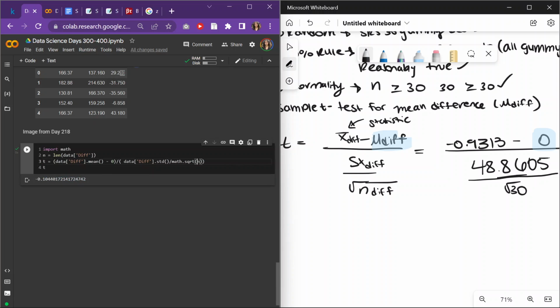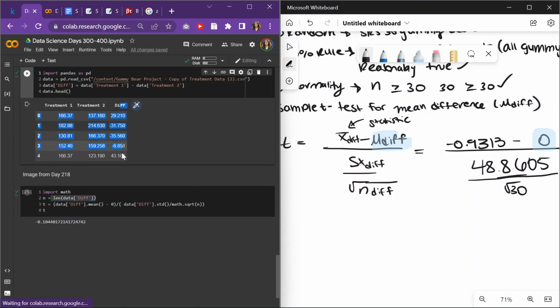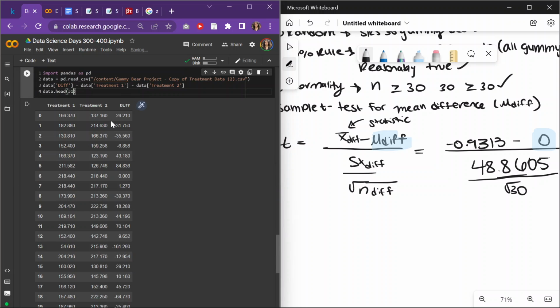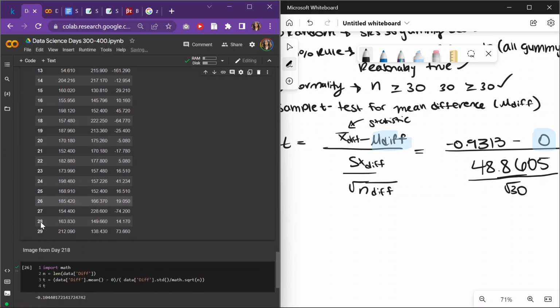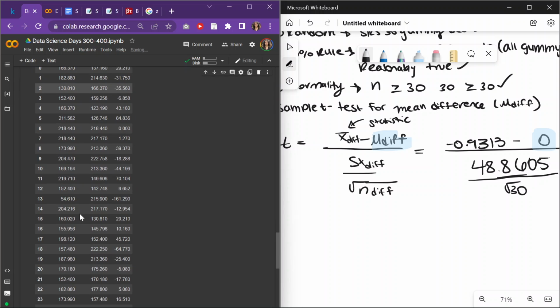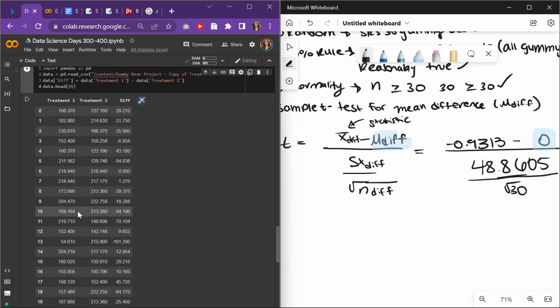Now, just to show you, n is literally 30, so it's going to give you the same answer. Basically this just gave me the length of the differences. And you can see that, let's say I do 31, you'll see that they only have 30.